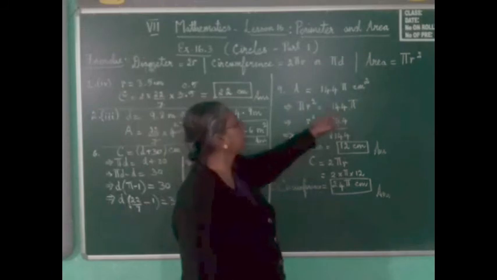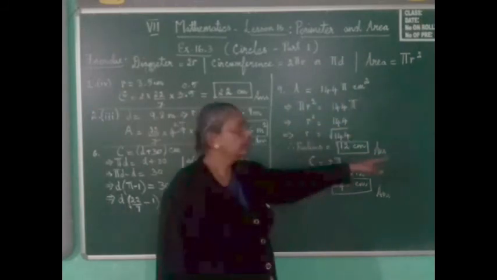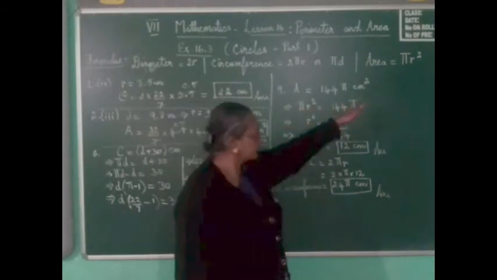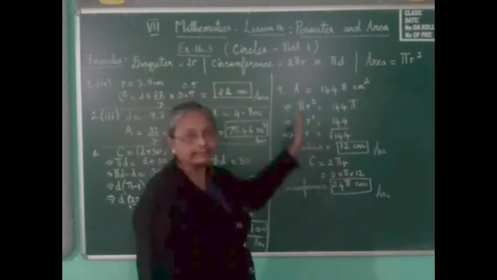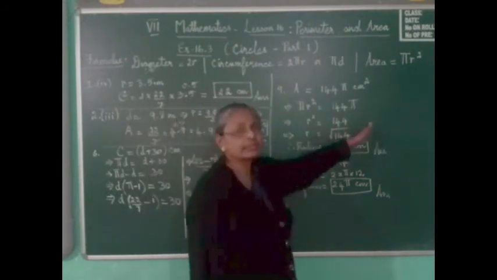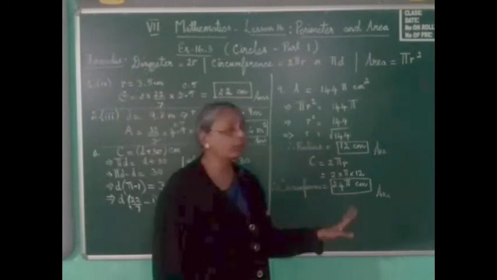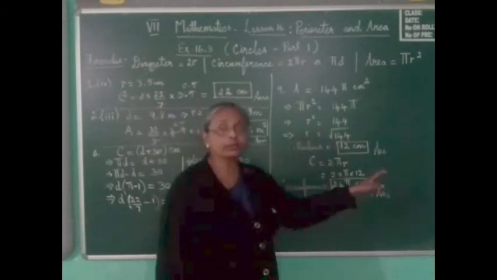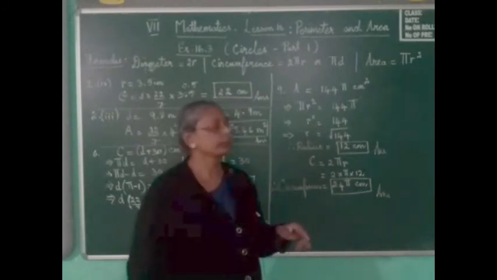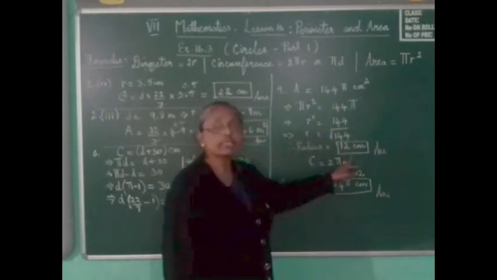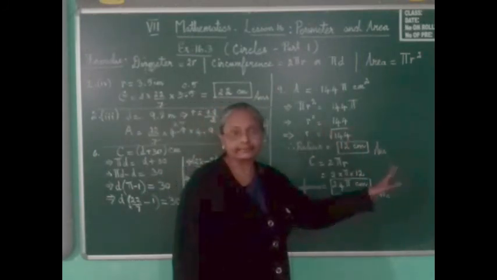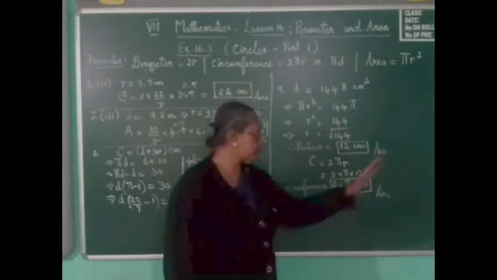So pi r square is equal to 144 pi, and pi is on this side also, so we can cancel them off. R square is equal to 144, then r will be the square root, which is 12. So radius is equal to 12 centimeters.